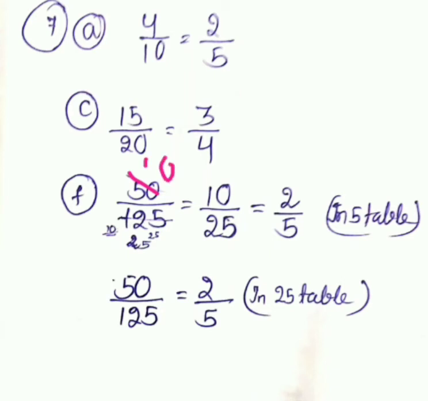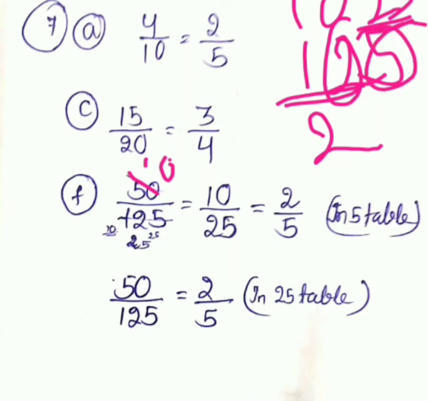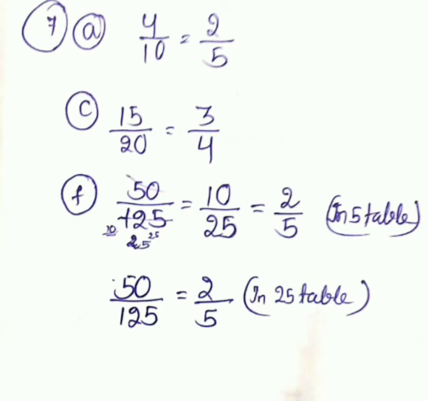Then how to cancel out 125? 5 2s are 10. What is left here? This 2 is left. That means 2 and 5 is left. This 5 also is left, no? So now you can take 5 5s are this 25. Like this you have to solve this, like this you have to cancel this.